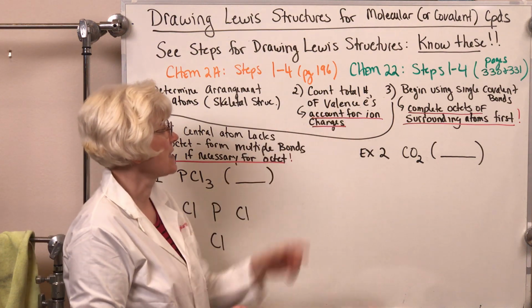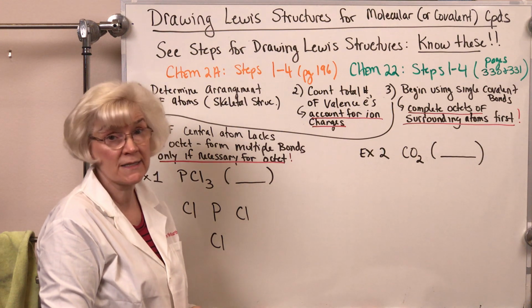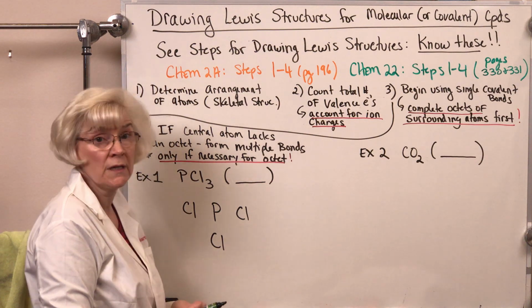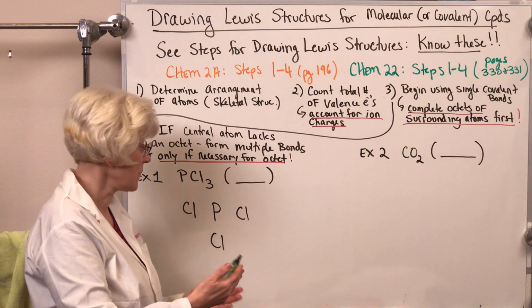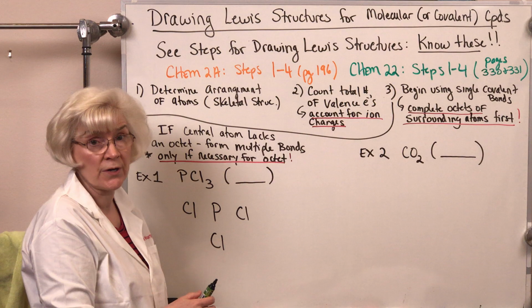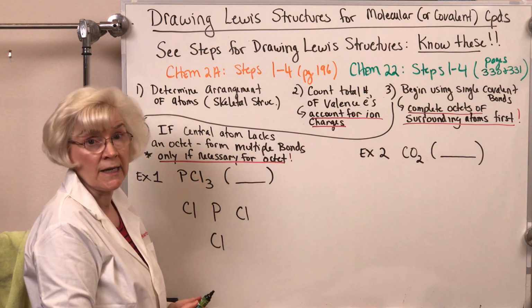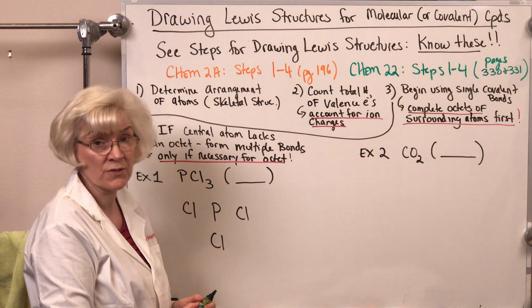Now we're moving to step 2. We want to count the total number of valence electrons that we have present in the molecule. So you're going to need that periodic table right in front of you to quickly identify valence electrons from the group number for the A families. Chlorine in family 7A means that it has 7 valence electrons.